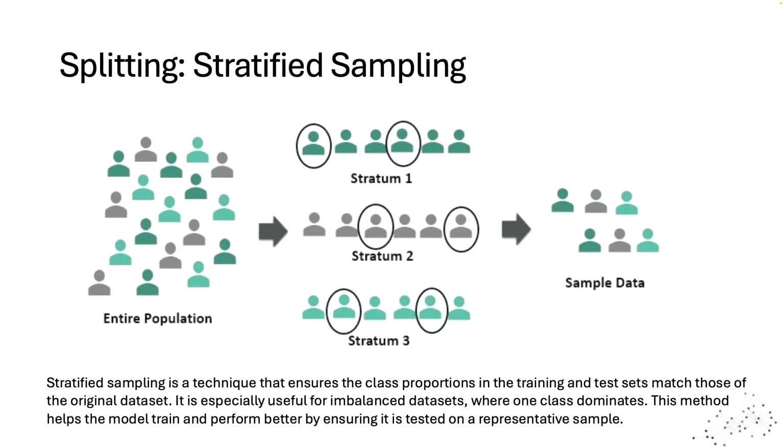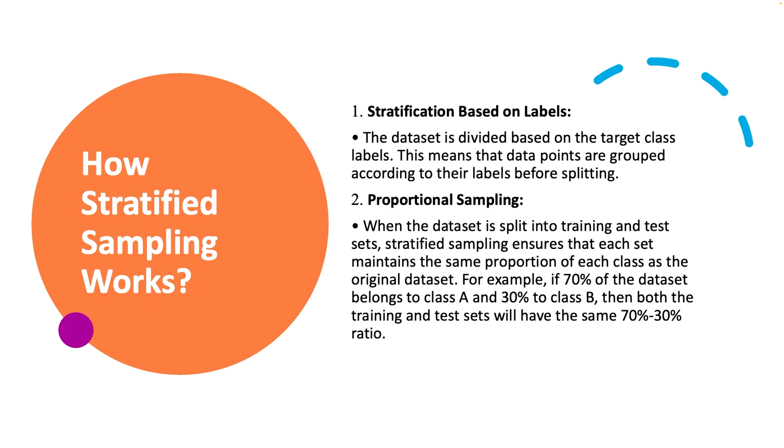In stratified sampling, we usually ensure that we have the same amount of data for each class. How does it work? The data is divided based on target class labels. First we group it according to the labels before splitting, and once we ensure that the data size is the same, we start to divide.